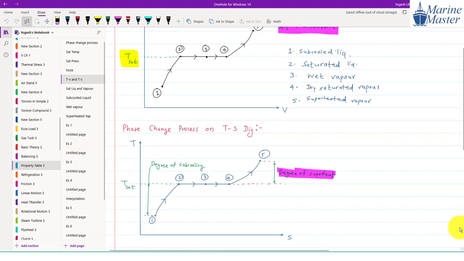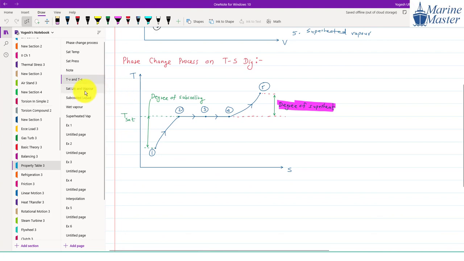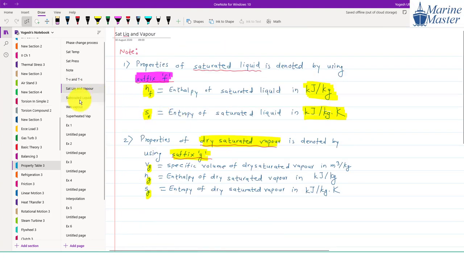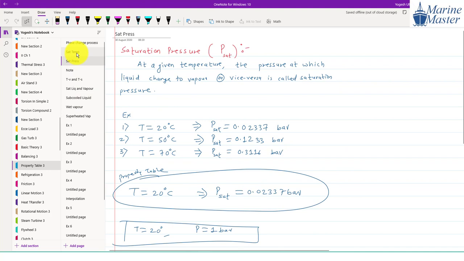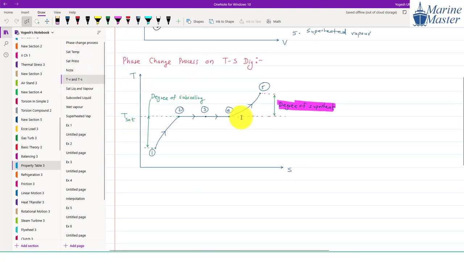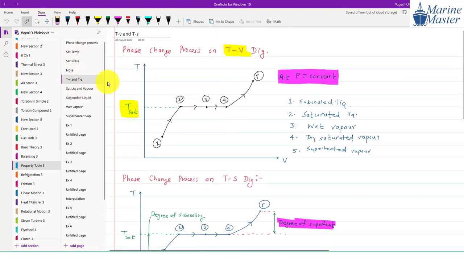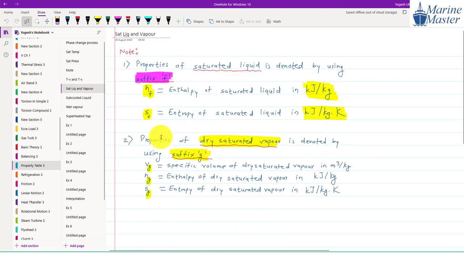If you remember our discussion, there I have given you a few important points related with the TS diagram, or I will write it down here.